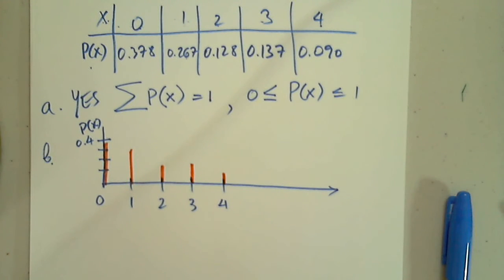So for 0, for 1, 0.26, again for 2. Looks like it's graph B. Yes, I'm just checking, making sure that everything is a little bit higher and below. Yes. None of these make any sense. Good, very good, thank you.